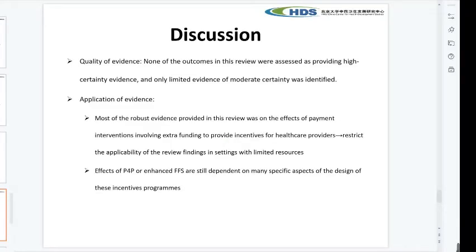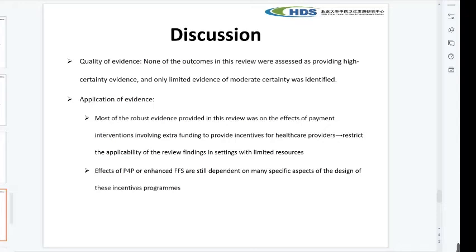In the discussion part, we want to emphasize several points. The first one is that none of the outcomes in this review were assessed as providing high certainty evidence, and only limited evidence had a moderate certainty level. We also have some discussion points on the application of this evidence.